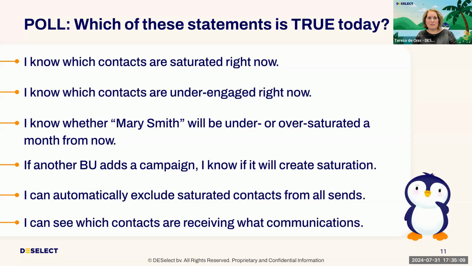I can automatically exclude saturated contacts from all sends. I can see which contacts are receiving what communications. So I'm going to launch the poll and see how big a pain point this is for you guys. Which of these statements is true today? And of course, we have none of the above as a response too.